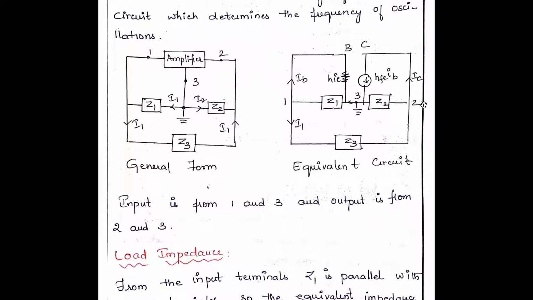So this minus hfe IB is now flowing through ZL, which is between 2 and 3. ZL we consider as the equivalent impedance between 2 and 3. One path is Z2, another path is Z3 in parallel with Z dash.